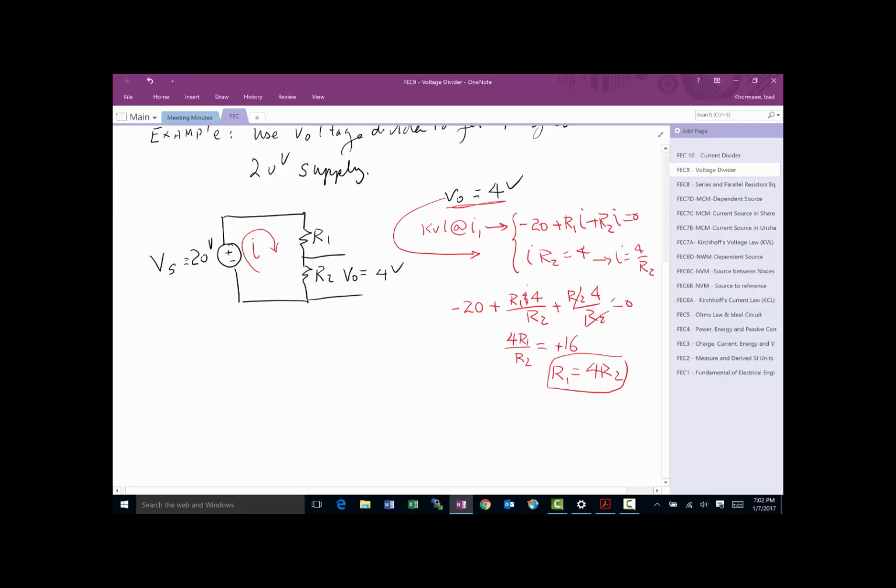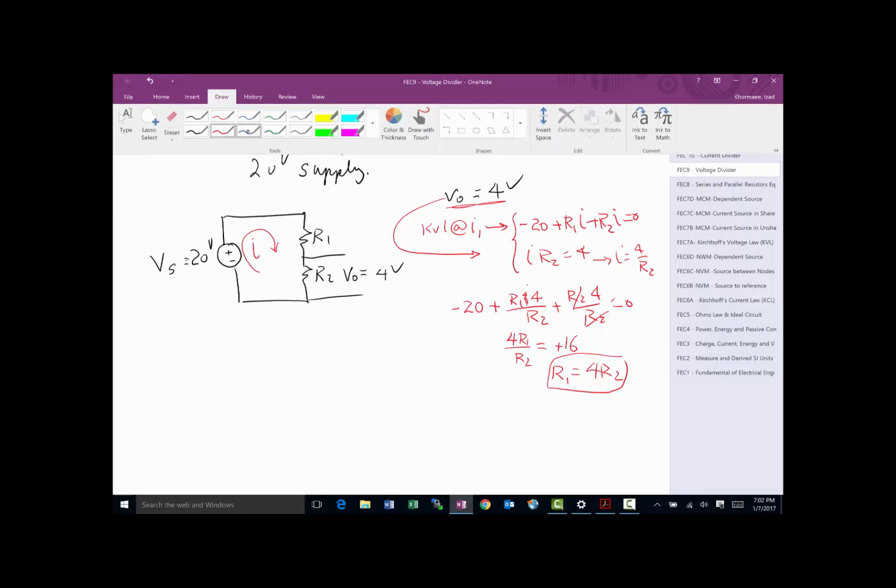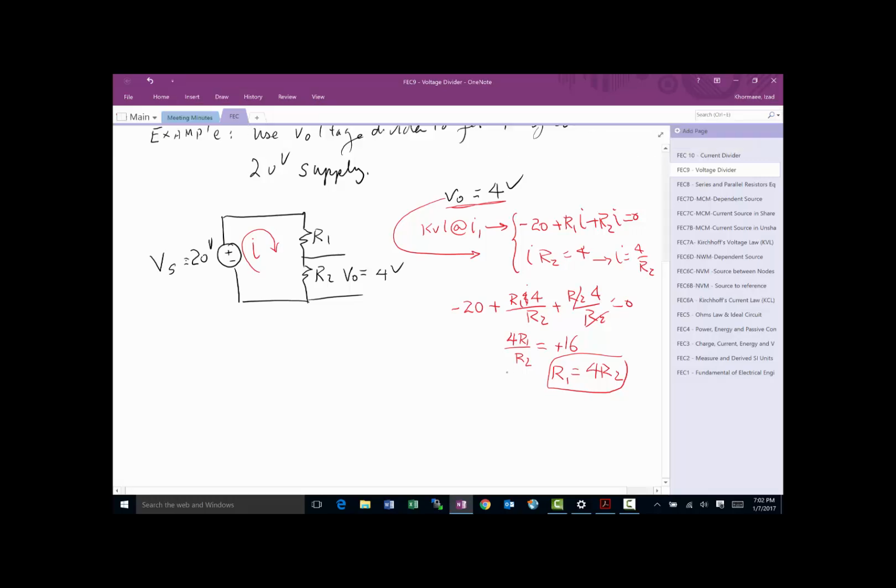At this point, I is very dependent on the sum of R1 plus R2. So for example, if somebody wants to build this, we have to give them values. So I'm going to use this equation and ask, what are the possible values of R1 and R2 I can select to get the right answer?